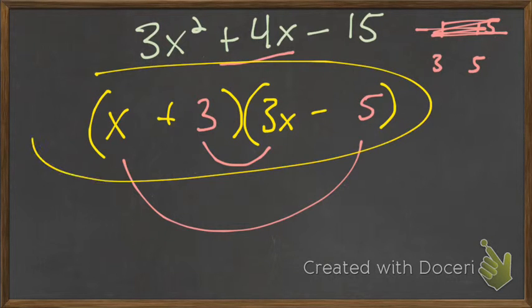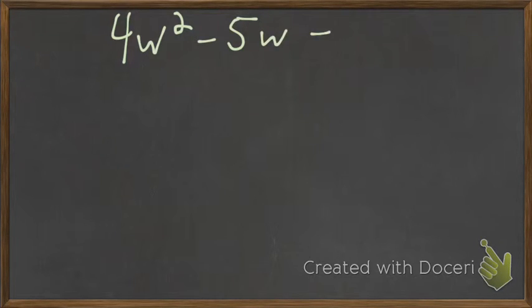Okay. All right, so let's look at one that's really fun. All right, let's say we have, let's do something like this. Let's say 4w squared minus 5w minus 6.